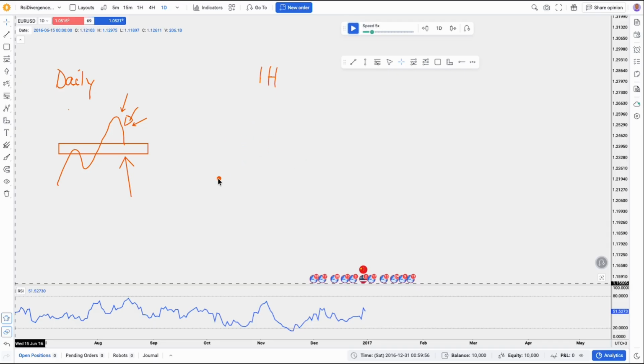And remember, while the trend here could have been like this, this is just a rough drawing, on the hourly we would have already formed a bearish trend at this point. The hourly would be bearish and the daily would be bullish.